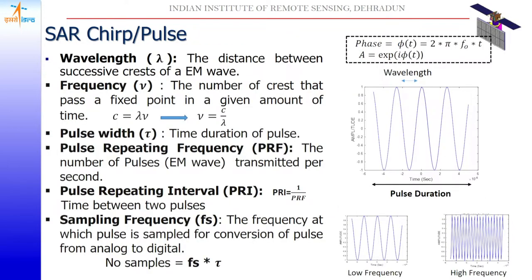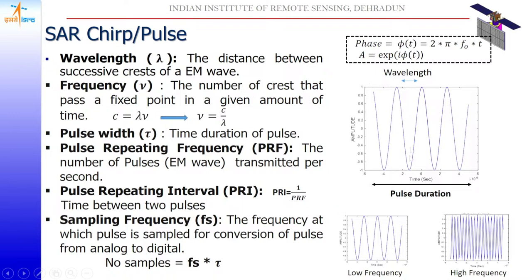As I am saying, SAR transmits electromagnetic radiation in the microwave region. That transmitted electromagnetic radiation is called the chirp or pulse. Some basics of electromagnetic radiation: it has a wavelength. What is the wavelength?